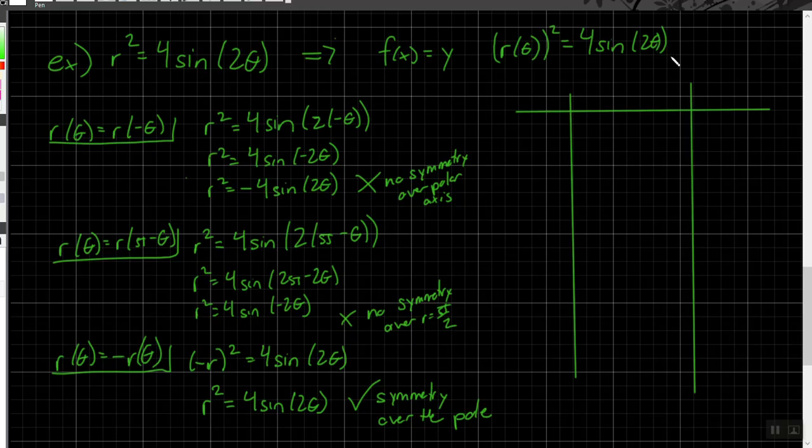Our argument, like our x value, is going to be theta. So it's just acting upon r of theta. And here we're changing our theta, our argument, to pi minus theta. We're doing theta for sine of 2 theta, and we're checking quadrant 1.